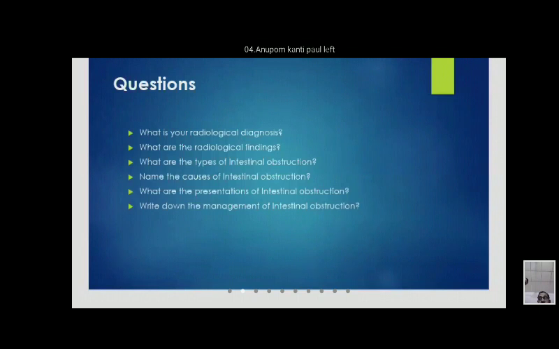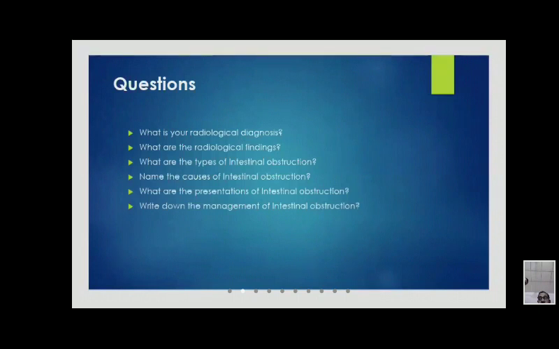So the most sensitive initial investigation for intestinal obstruction is the plain X-ray abdomen. Plain X-ray abdomen is the initial investigation of choice for detection of small or large bowel obstruction.